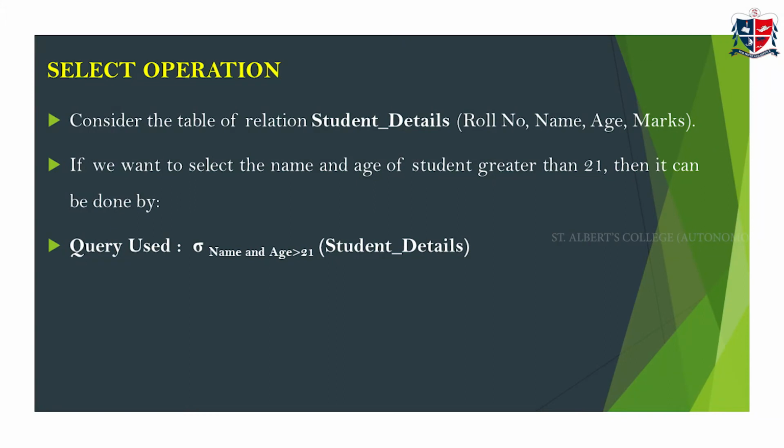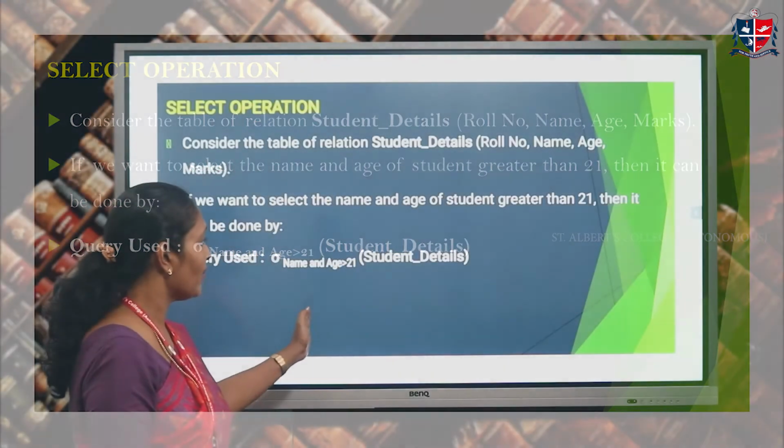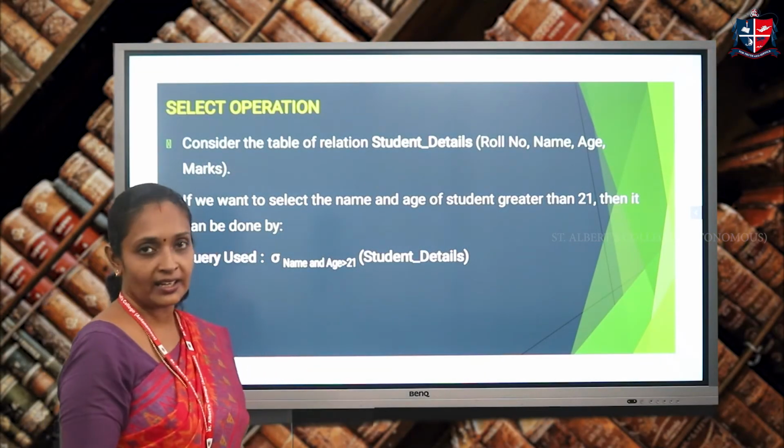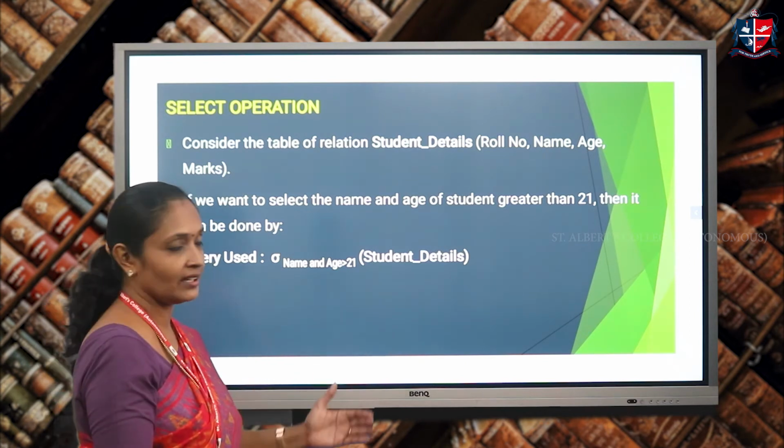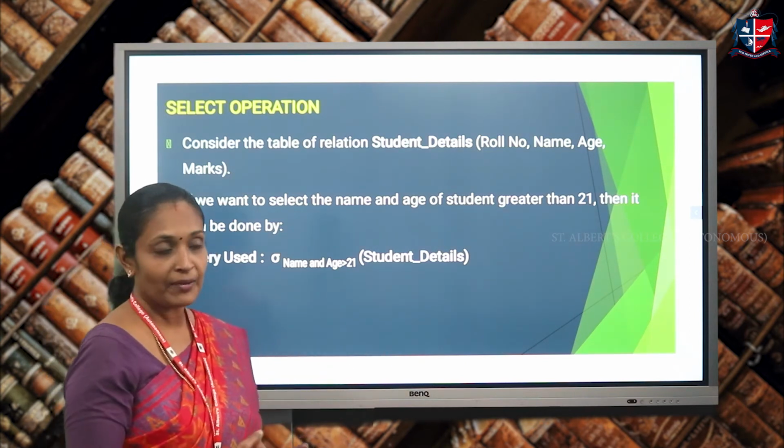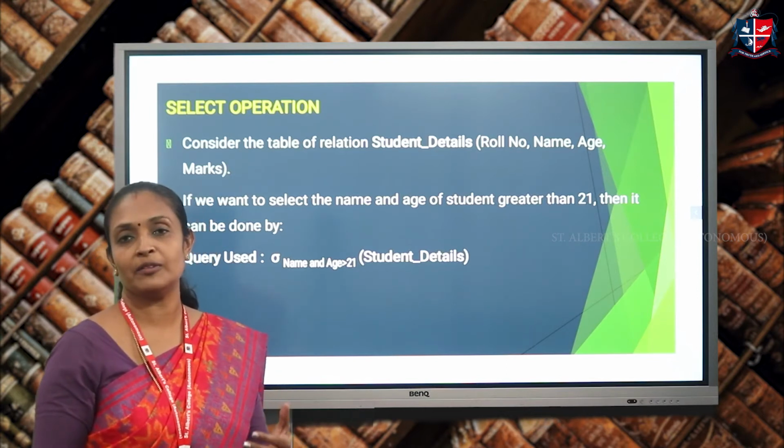For example, consider the relation student details having the attributes roll number, name, age and marks. If you want to retrieve the data such as the name and also the students having age greater than 21, we can write like this: sigma, name and age greater than 21, student details. That is, sigma represents the select operator and name and age greater than 21 represents the condition, that is, the details from the student data having the age greater than 21 will be retrieved.